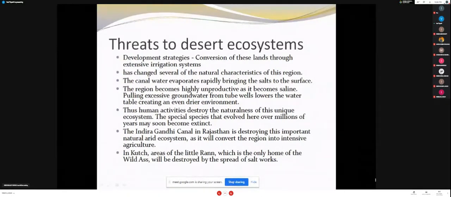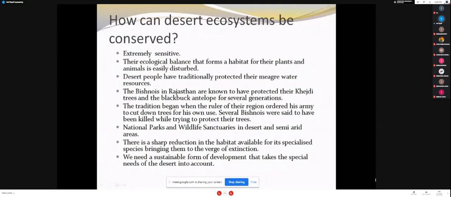In Kutch, the Little Rann of Kutch, the home for wildlife, is being destroyed by the spread of salt works. There are farms producing salt, and because of that industrialization and commercialization, there is loss of habitat for the wild asses.